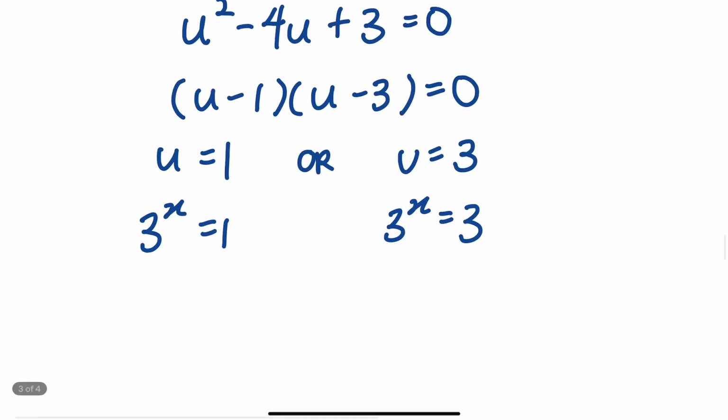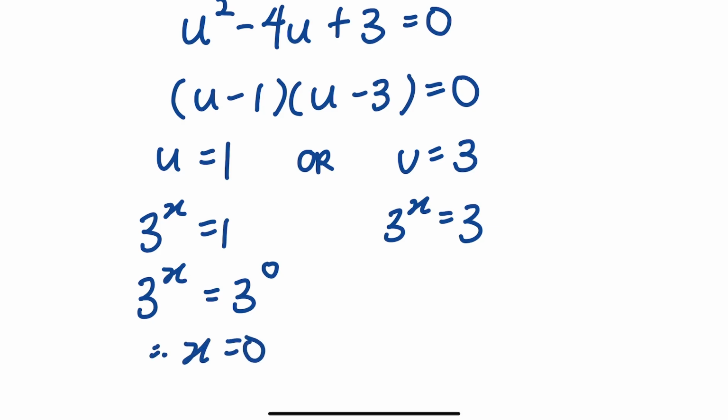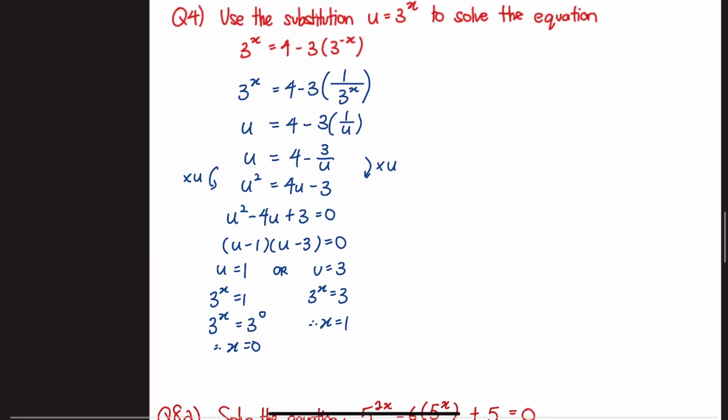To make them the same base, 1 is 3 power 0. Therefore, x equals 0 or x equals 1. This is an invisible 1 here. And this is the answer for question 4.